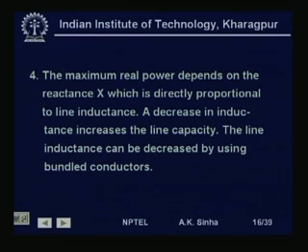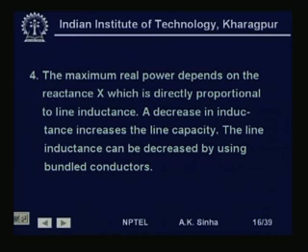Another important inference that we can derive from this expression is that the maximum real power depends on reactance X, which is directly proportional to the line inductance. Now, as we have seen, P max is Vs Vr by X. Therefore, if we decrease the value of X, P max will increase. A decrease in inductance increases the line capacity or the power transfer capability of the transmission system.